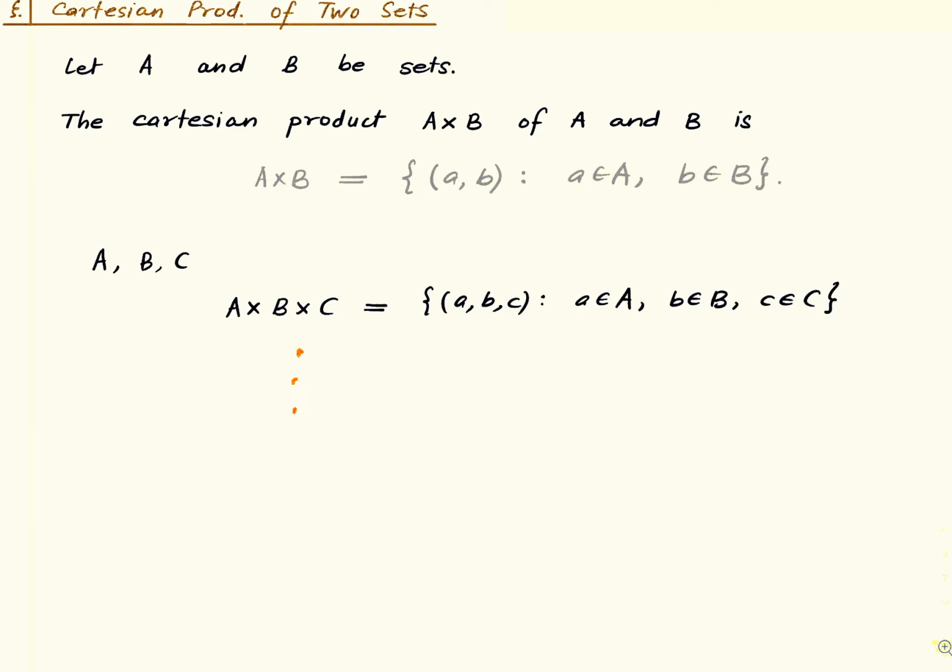So you can form the Cartesian product of any given number of sets. And the order matters. So A cross B is not the same as B cross A, because, in general, it's not equal to B cross A, simply because when we write an ordered pair, the order matters. This is not a set of two things. This is a pair, so it matters what comes first and what comes second. So one cannot just flip the ordering here.